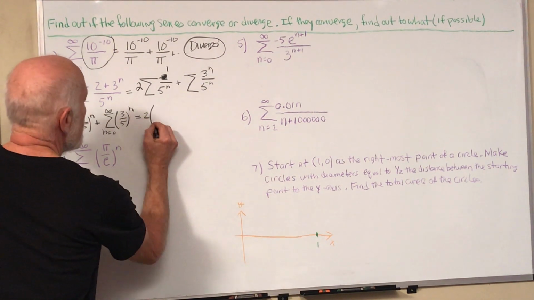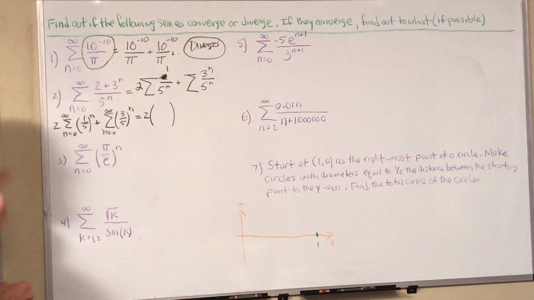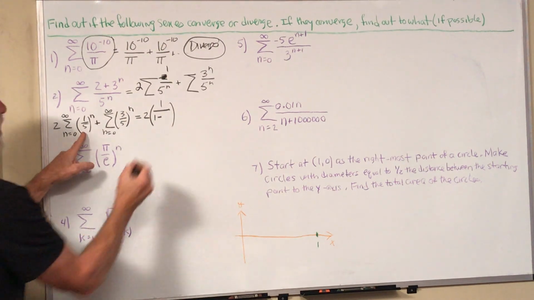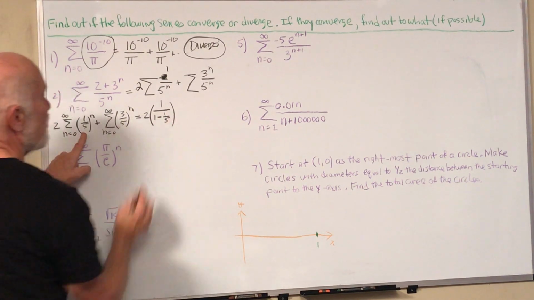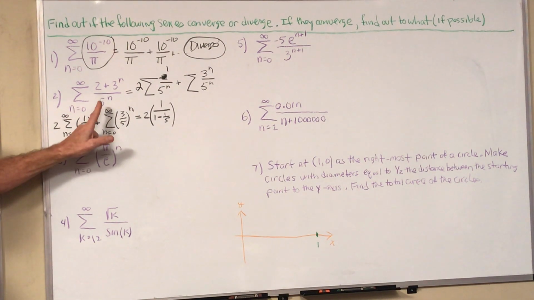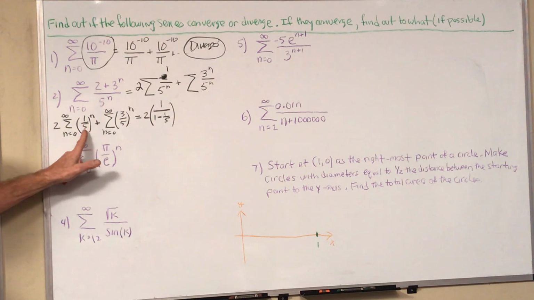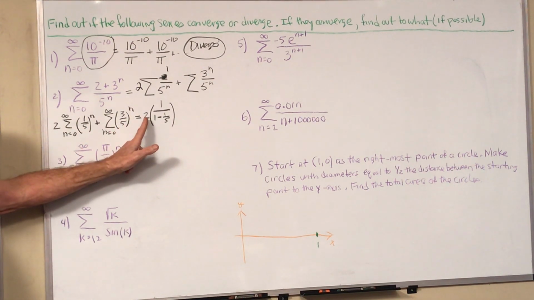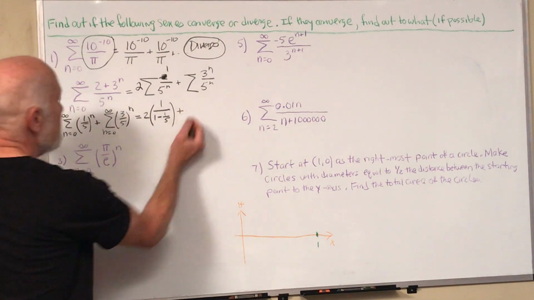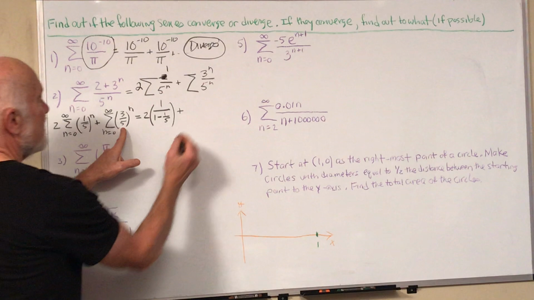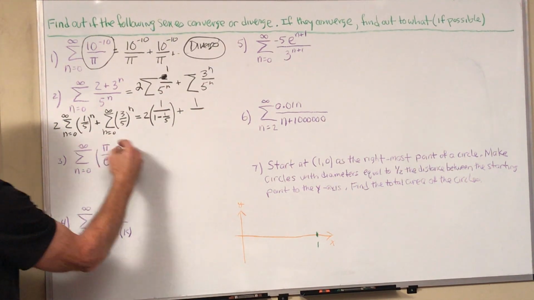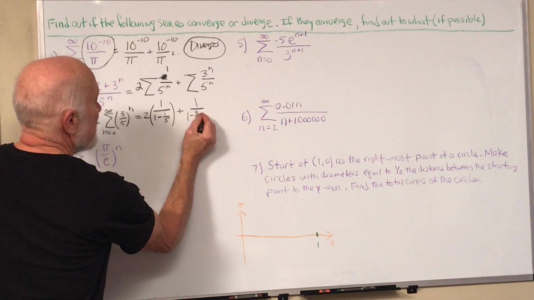So I can take 2, and the formula we learned was the first term over 1 minus what r was. So that formula that we learned, that if you have a r to the n, the sum is a over 1 minus r. And the same thing for this one. This time we have a, the first term is 1 because we're starting out at 0, over 1 minus 3/5.